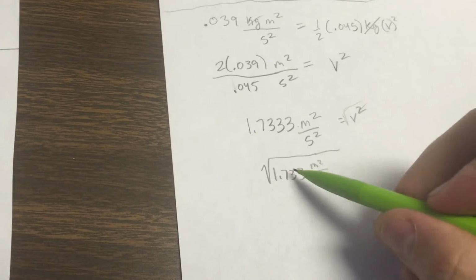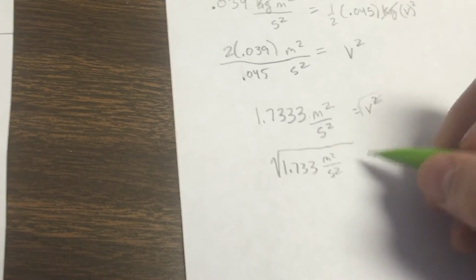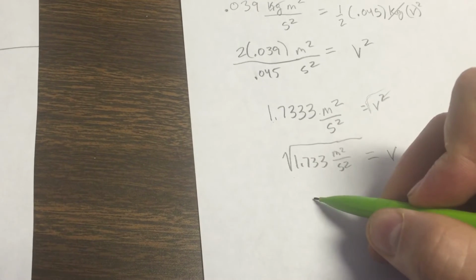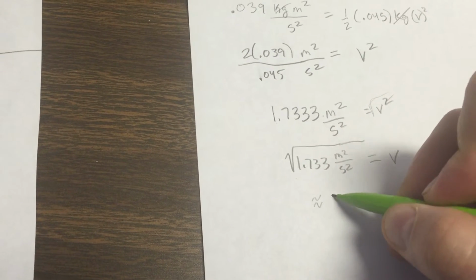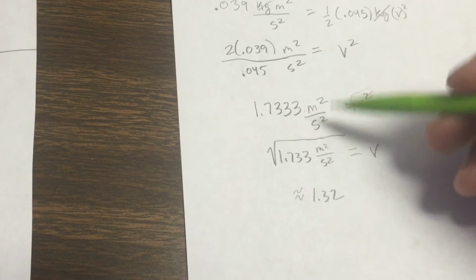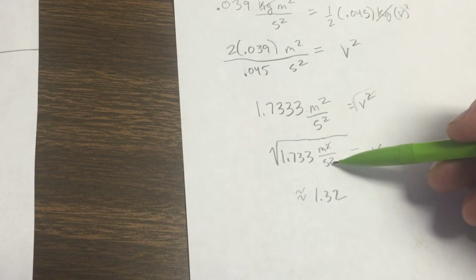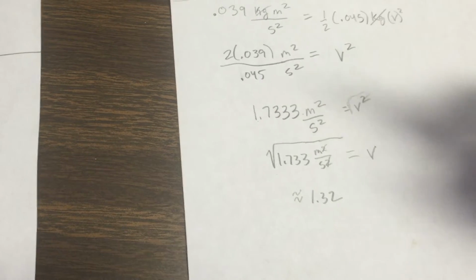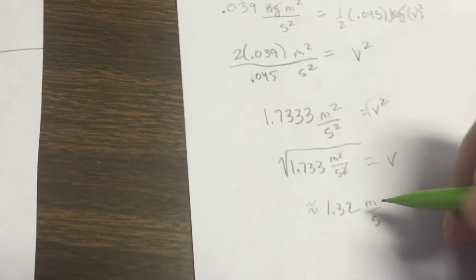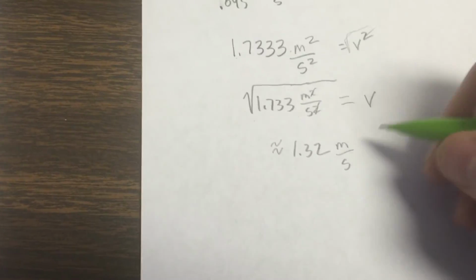Okay, so the square root of 1.733 equals approximately 1.32, and the square root's going to take care of one of the meters and one of the seconds. Therefore, we're going to get meters per second, which is what we're looking for, speed.